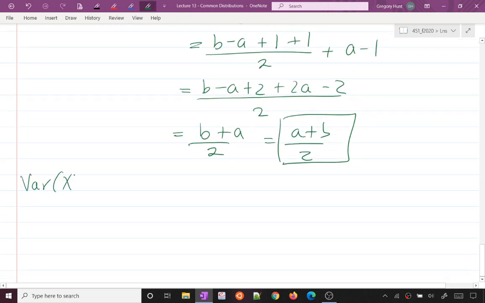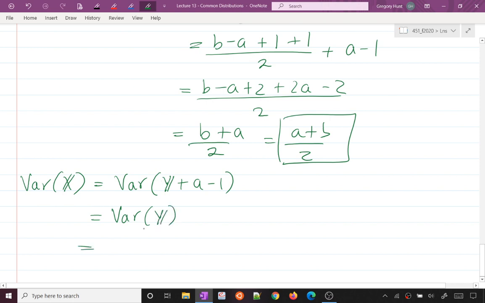So if I wanted to know the variance of a general discrete uniform distribution between some values a and b, again, this is going to be the variance of y plus a minus 1. But my variance rules say I can ignore additive shifts, so my variance doesn't change.